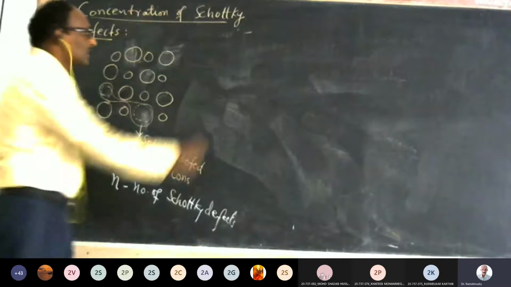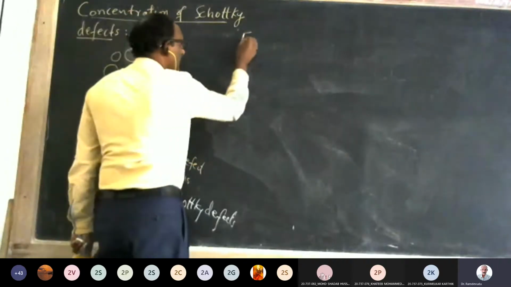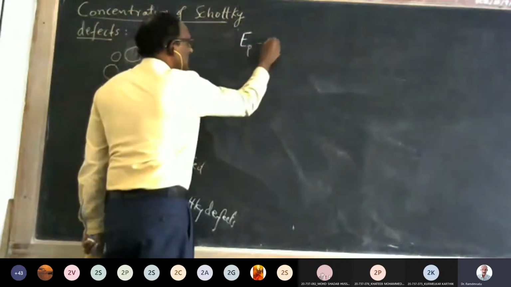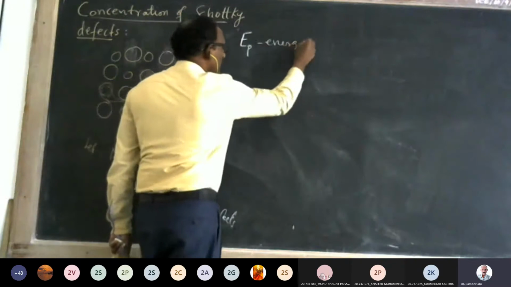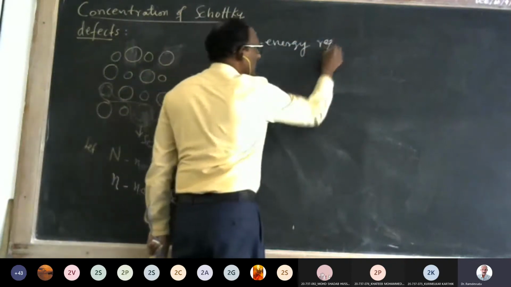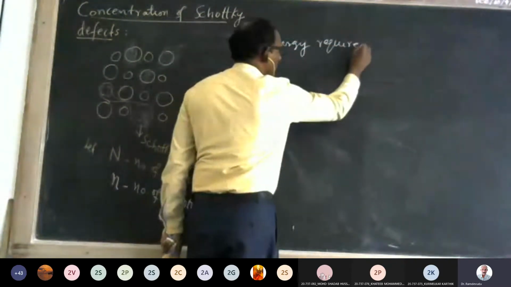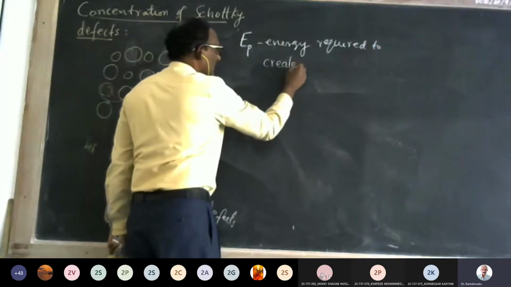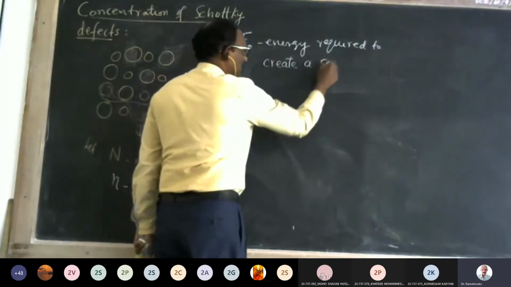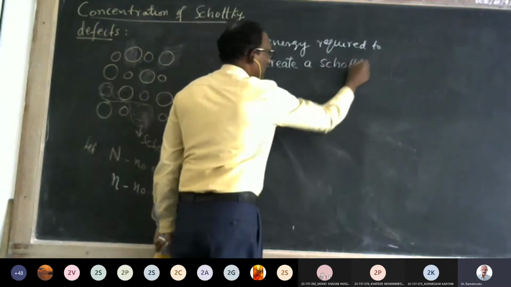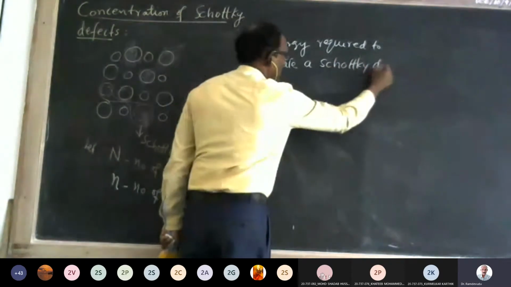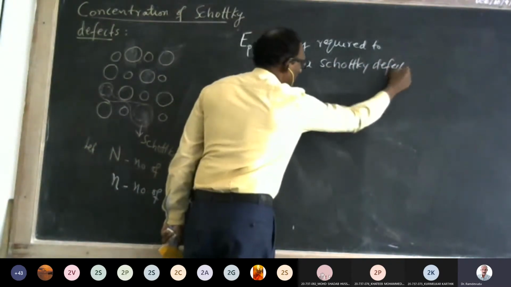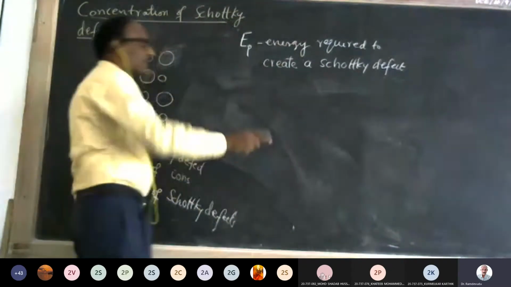Now I suppose EP is the energy required to create a Schottky defect. So you have to supply some energy.